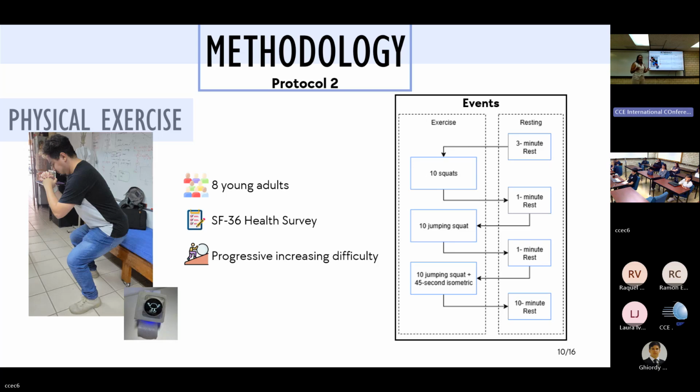Then they realized 10 squats. Next, they rested for 1 minute. Then they realized 10 jumping squats. After this, they again had a rest of 1 minute. And finally, they realized 10 jumping squats plus 5 seconds of isometric squat and a rest of 10 minutes.